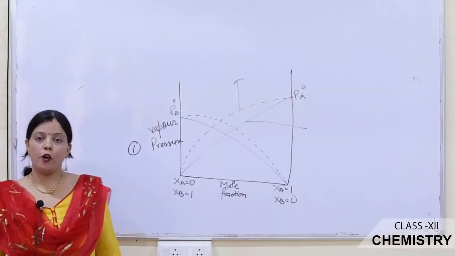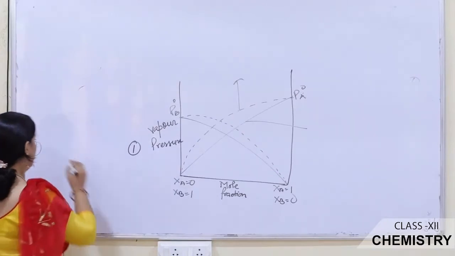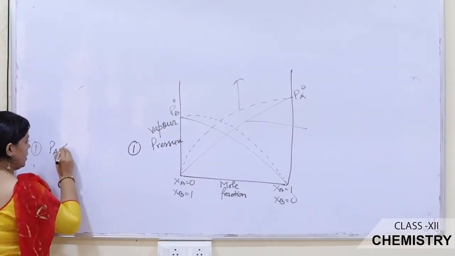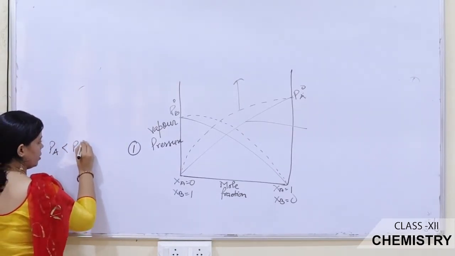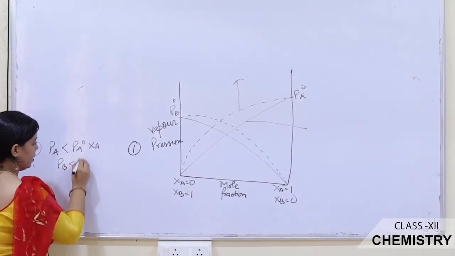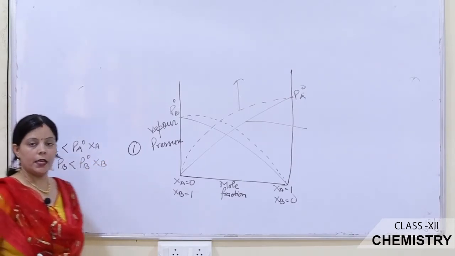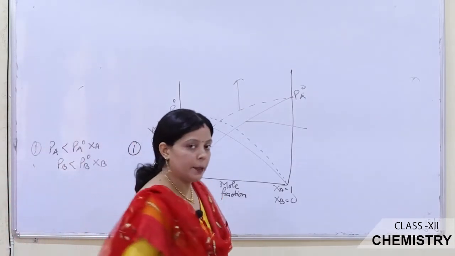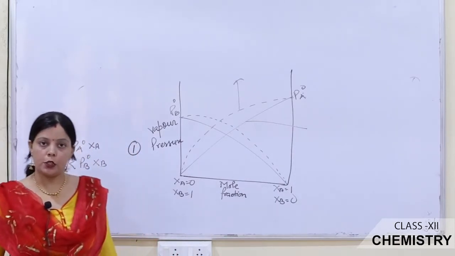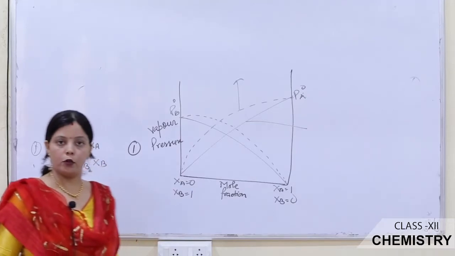In the case of the non-ideal solution showing negative deviation, the three conditions are: PA is less than PA naught XA, and PB is less than PB naught XB. This is the first condition, because in a non-ideal solution the vapor pressure is not equal to PA naught and XA, meaning it does not follow Raoult's law.